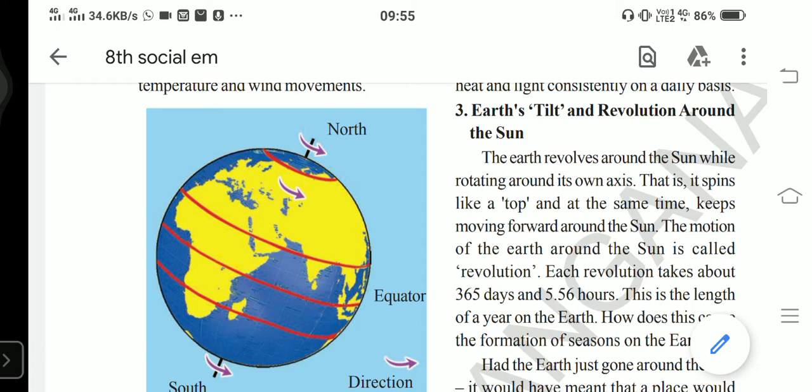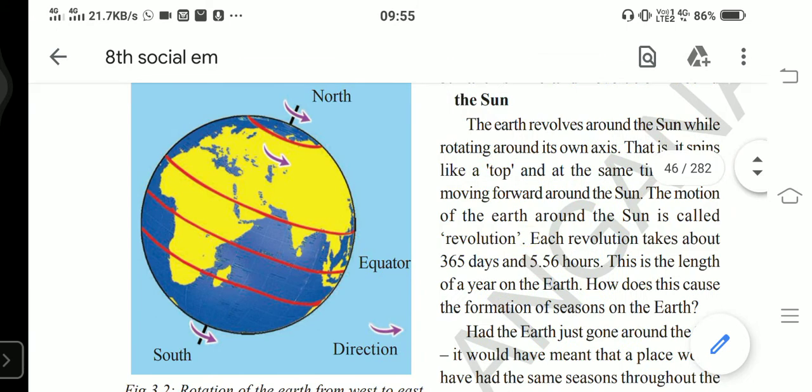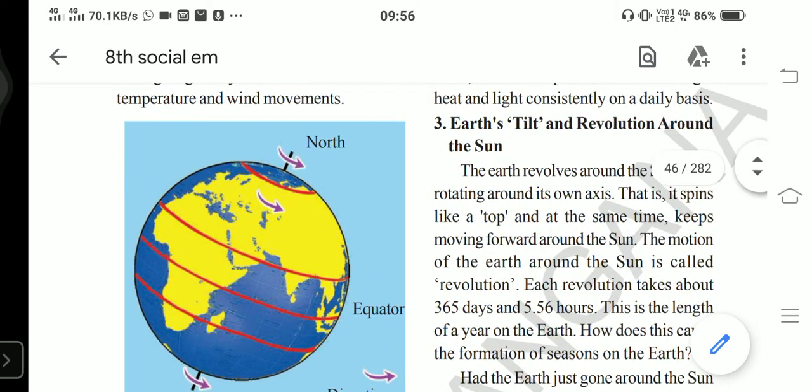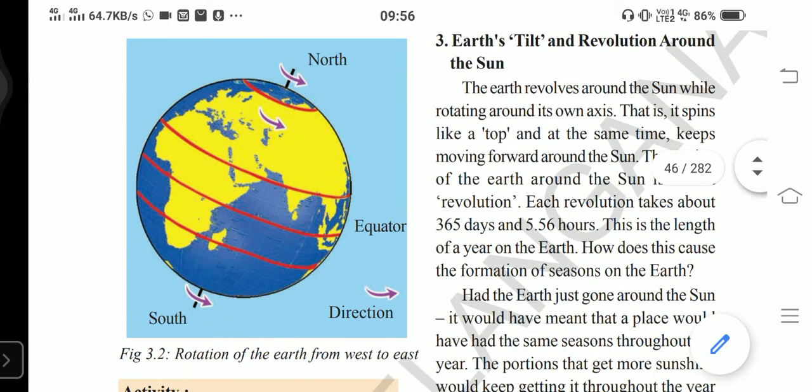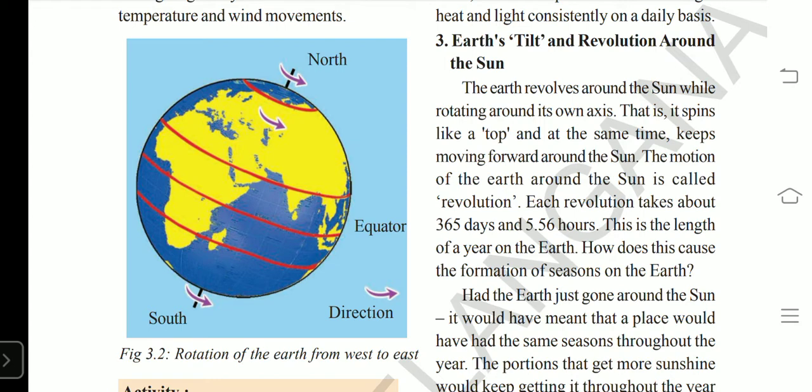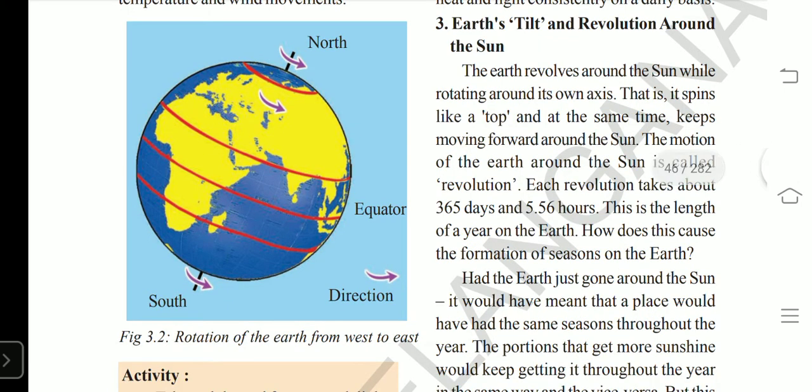So the temperature is different from one place to another place, and it will bring a change in the seasons. Understand? So the curvature and spherical shape of the earth we discussed in the lower class, two days back, that the distribution of heat over the earth's surface is different at different latitudes, right?